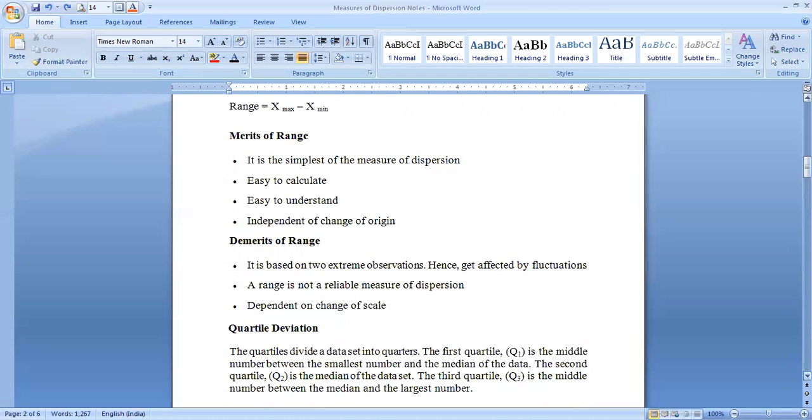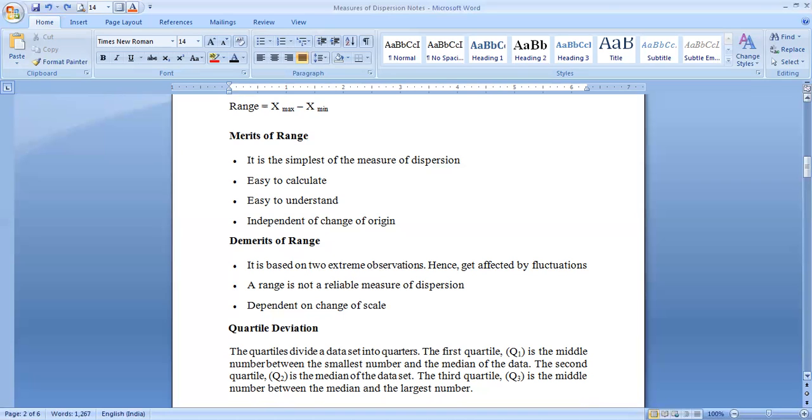It is based on two extreme observations, hence it gets affected by fluctuations, because we are using only two extreme observations. A range is not a reliable measure of dispersion because it depends only on the two extreme values of the data set: one is called the maximum value, and the second is called the minimum value.